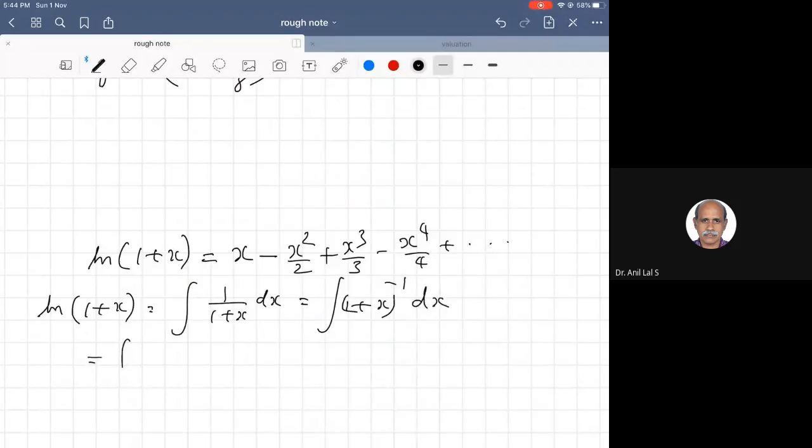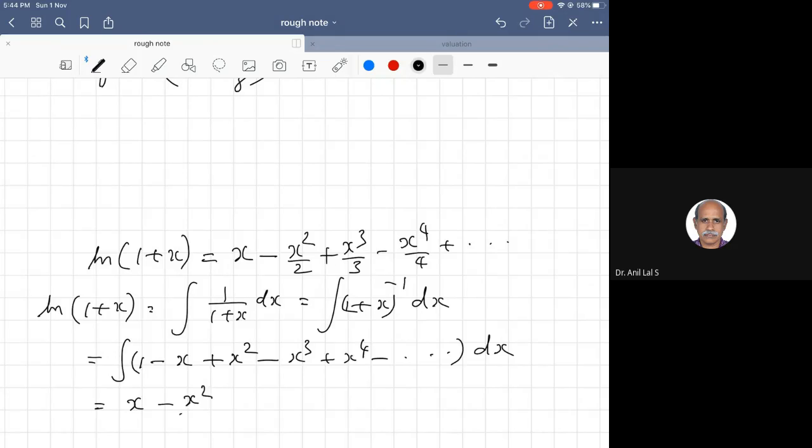This is 1 minus x plus x squared minus x cubed plus x raised to 4 minus etc., the whole integral dx, which is x minus x squared by 2 plus x cubed by 3 minus x raised to 4 by 4 plus etc. Plus there will be a constant of integration.